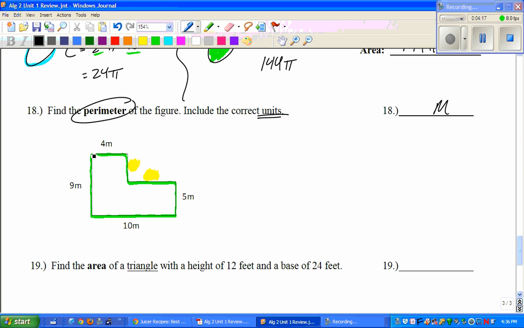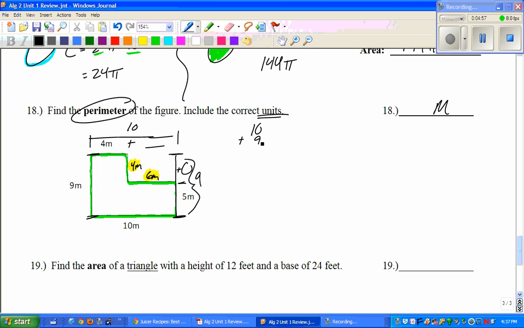We know that this is 9, so from here to here this also has to be 9. Right now it's 5 plus a number. Well, 5 plus what gives us 9? 4. We do the same thing for the top. This whole thing needs to be 10. 4 plus what gives you 10? Hopefully you're saying, Mr. Grice, it's 6. Now what we have to do is just add up all those numbers.